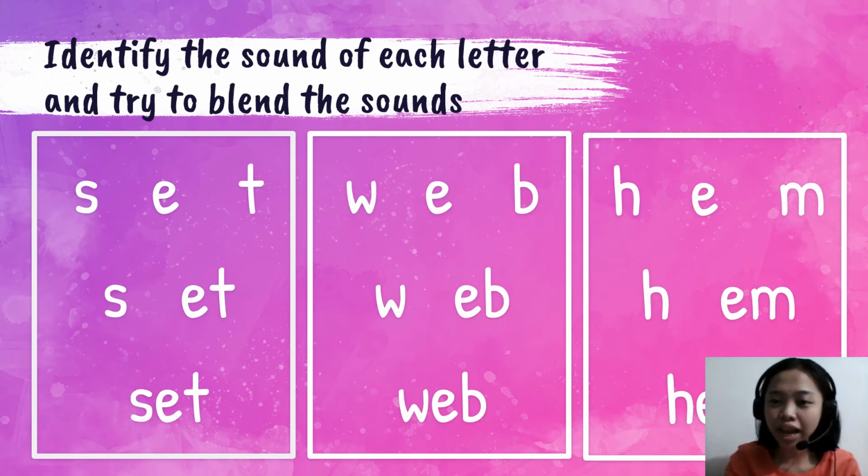Okay. How about the last one? What are the letters in the last box? It's H, E, and then M. Now H sounds huh. How about the E? It sounds eh. And how about the M? It sounds mm. Now if we put together the last two letters, it will become em. Say em.